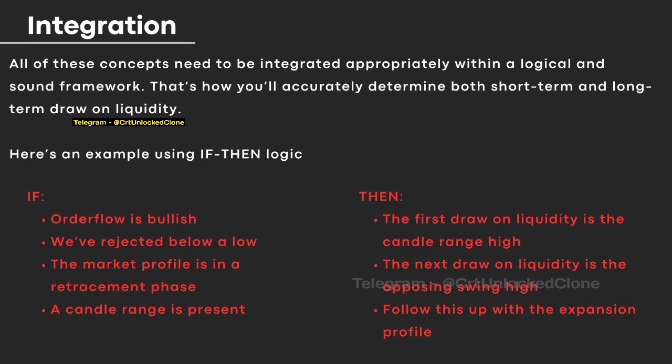If the order flow is bullish, and if we've rejected below a low, and if the market is in a retracement profile and it has almost ended, and if a candle range is present there, then based on all of these if metrics and hypotheses, the only deduction for the outcome of price is to first of all target the candle range high as short-term drawn liquidity, and then eventually the opposing range high or swing high as long-term drawn liquidity, which means we'll have an expansion profile to the upside.